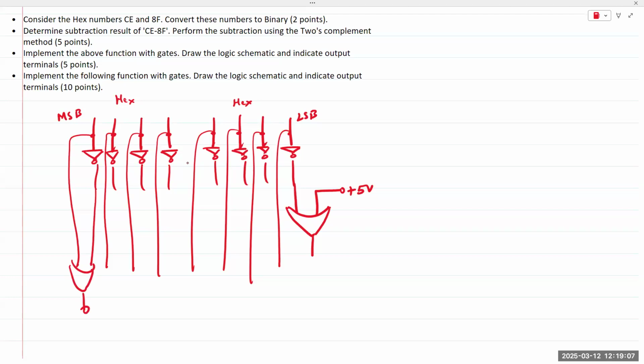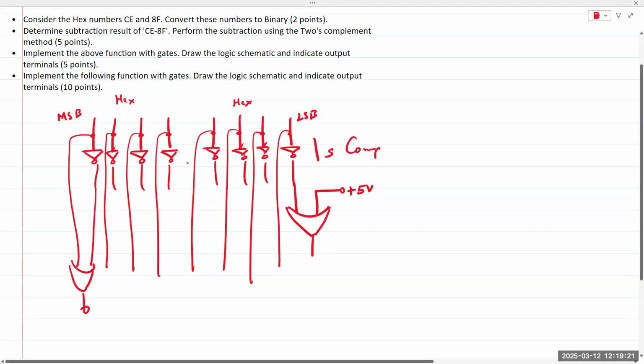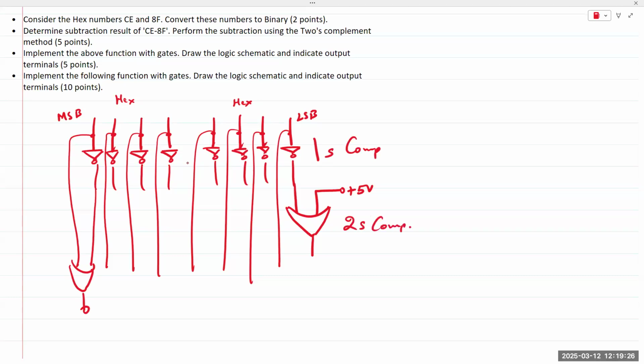I'm not going to draw all of them, otherwise it's going to get really messy. So here is the ones complement. Here is the 2's complement. And here would be the subtraction, or logical subtraction.